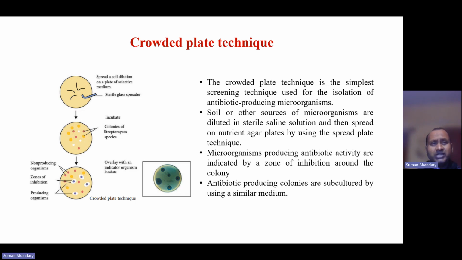And in this modified process, suitable serially diluted soil suspension is spread on the sterilized agar plate to allow the growth of isolated and individual microbial colonies, approximately 30 to 300 CFUs per plate after incubation.